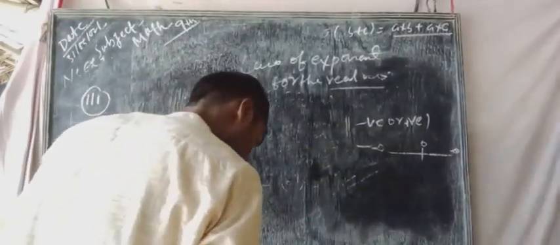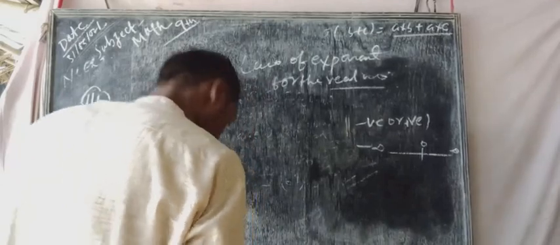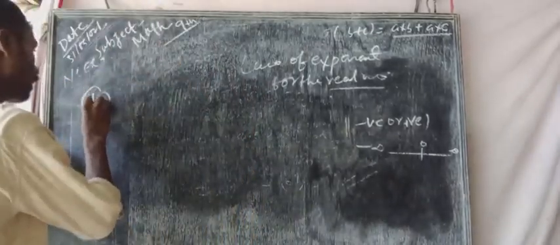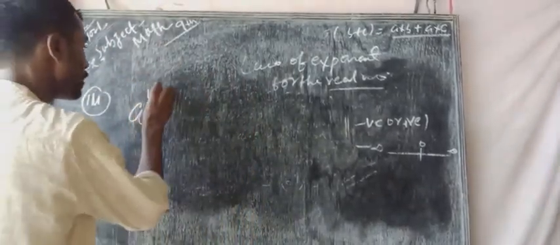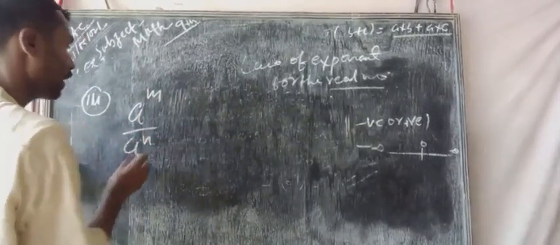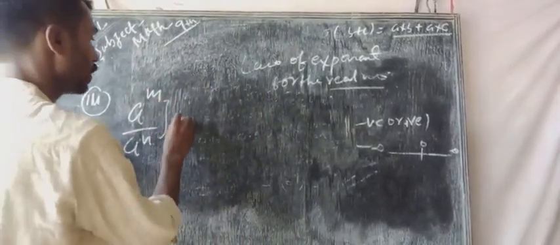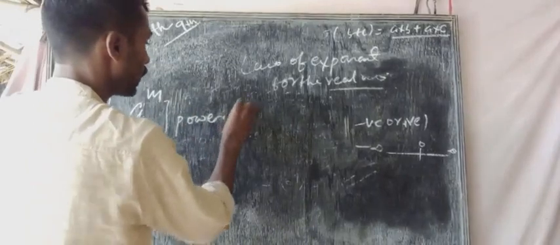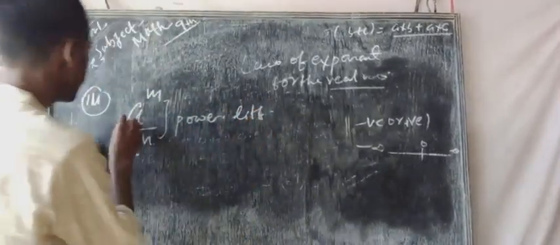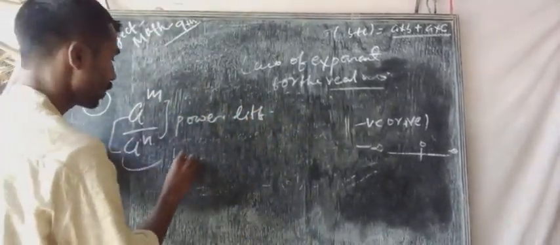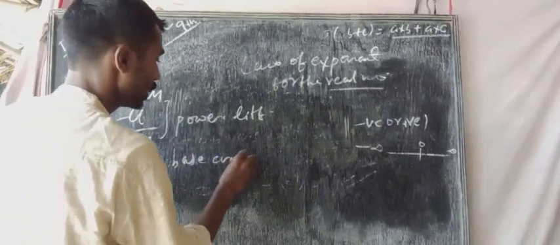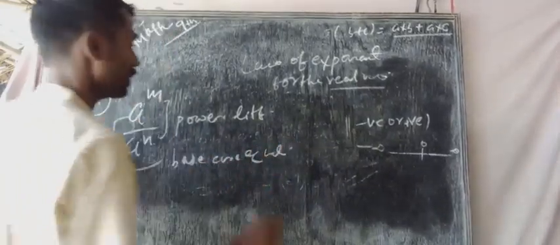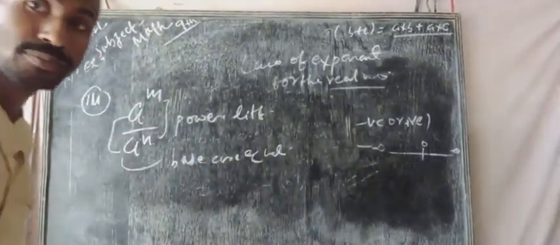Another one is number 4: a to the power m and a to the power n. That means the power is different and the base is equal.